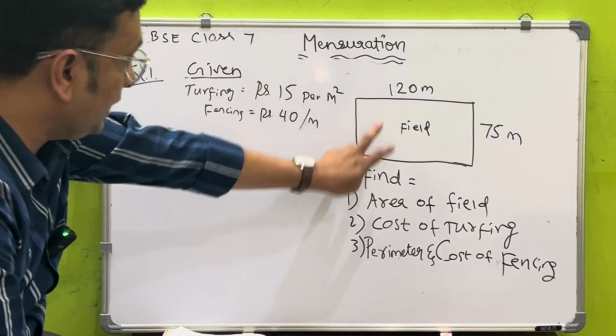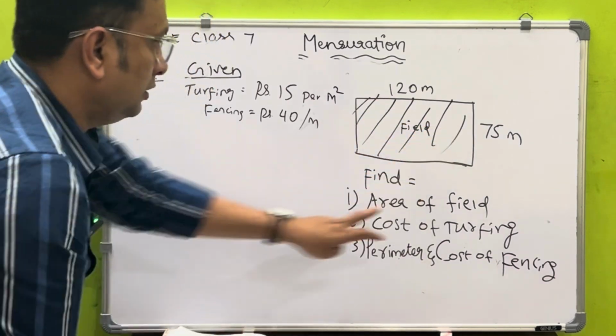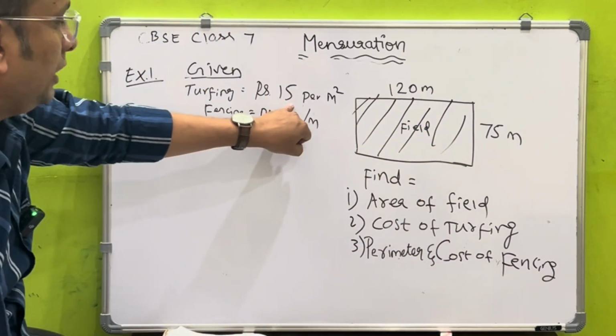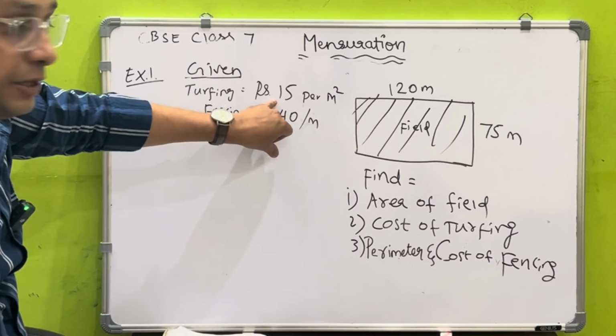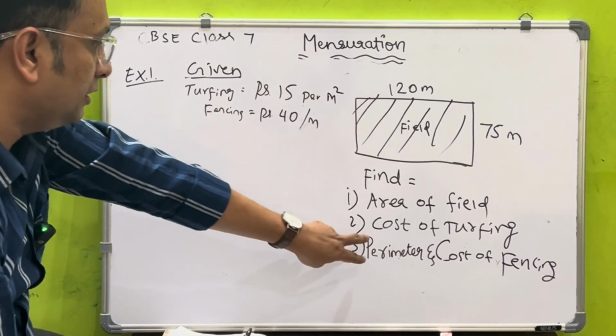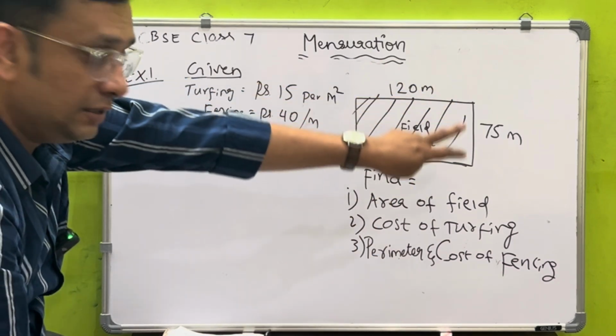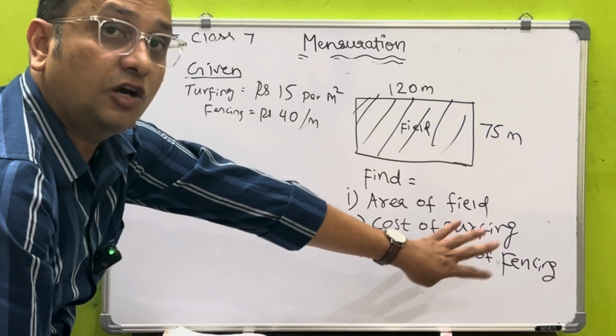So we need to find the area of the field, the complete area, and the cost of turfing. The cost of turfing per meter square is given already, so once we find the area, we can multiply and get it. And then the perimeter of the fence and the cost of fencing.